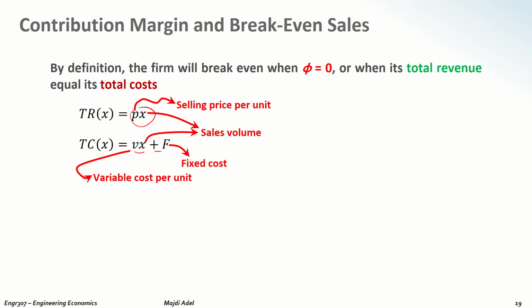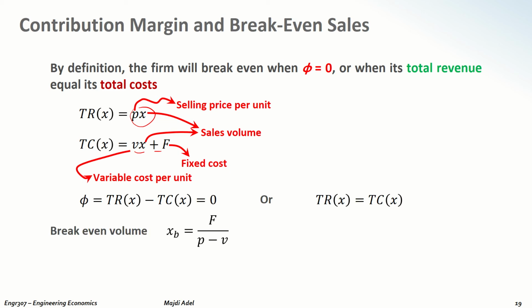To reach break even, this means TR equals TC, or the profit equals 0, and solving the previous equation, the break-even volume is F, the fixed cost, divided by the selling price per unit minus the variable cost per unit.